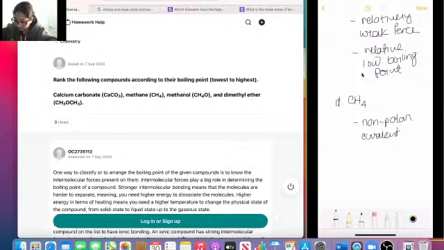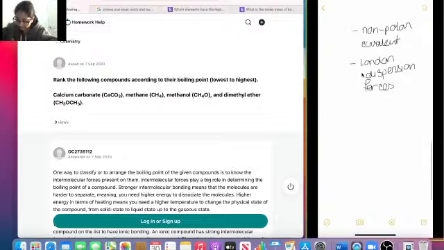Since it's non-polar because of its symmetrical structure, this has London dispersion forces, right? And if you recall, London dispersion forces are the lowest intermolecular forces of your covalent bonds.